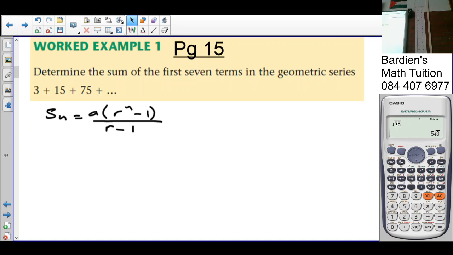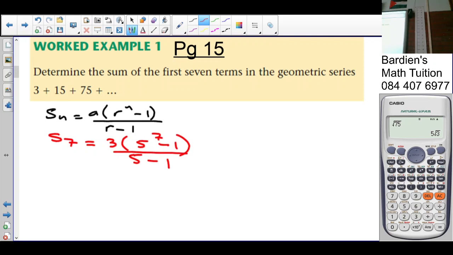Alright, so this should simply be S7 equals 3 into, which is 5 to the exponent 7 minus 1 over 5 minus 1. With the calculator, don't be brave and do this calculation in your head, okay? The 3 open brackets, 5 to the exponent 7.